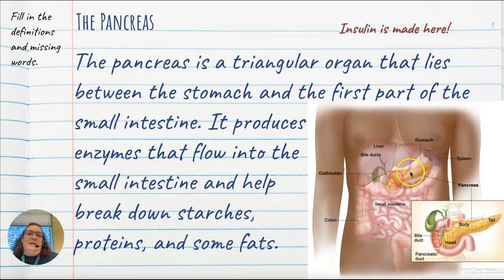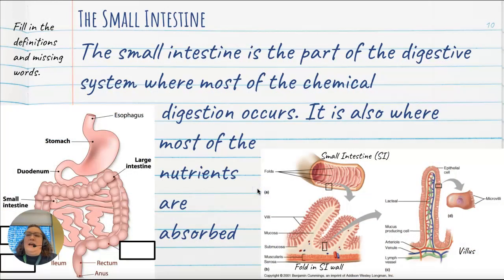So this pancreas right here is between your stomach and your small intestine. It is a very funky looking, triangular, odd shaped little organ that basically produces enzymes for you.